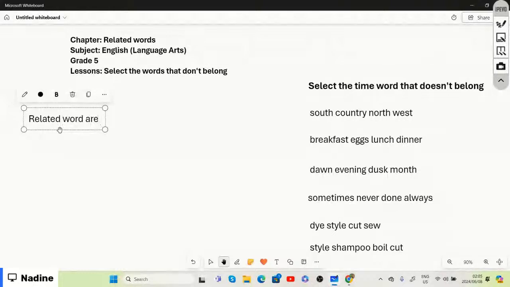And the lesson that we are focusing on under the chapter of related words is to select the words that don't belong. So we're going to find out what related words are and why we should identify words that don't belong. You'll only be able to identify words that don't belong if we know what related words are.